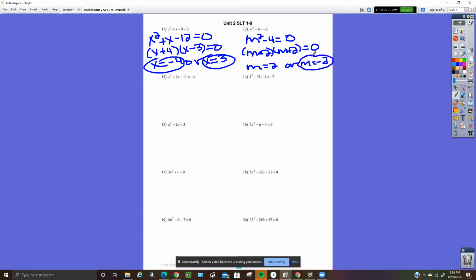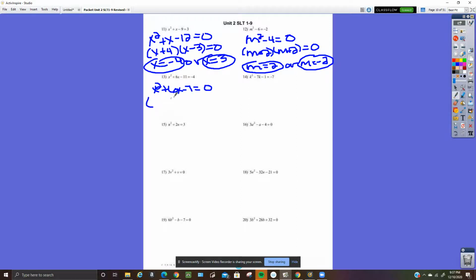Another way you could have proceeded with this problem is add 6 to both sides and just take the square root. You'll get the same answer. Here you want to add 4 to both sides first. So x squared plus 6x minus 7 equals 0.